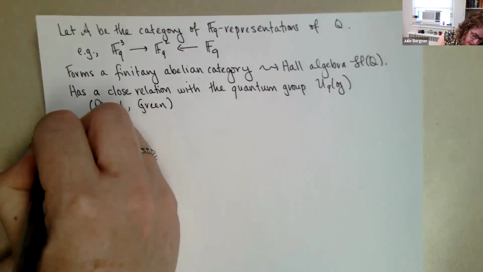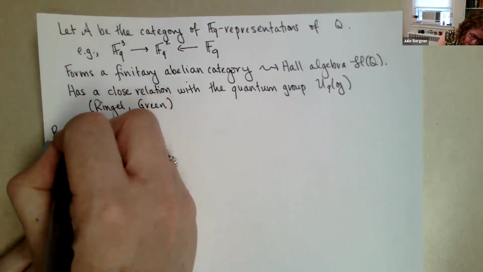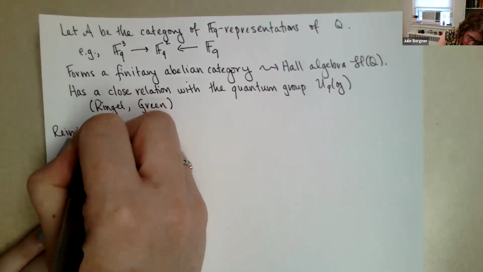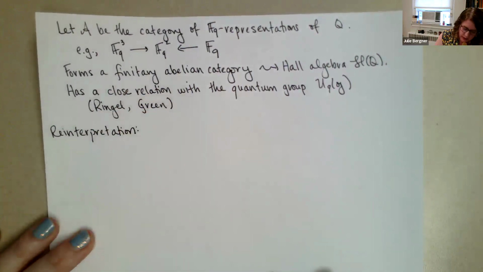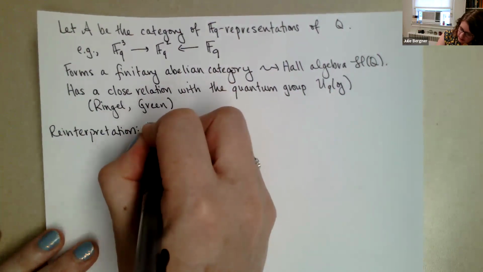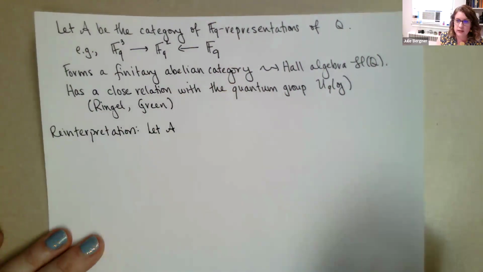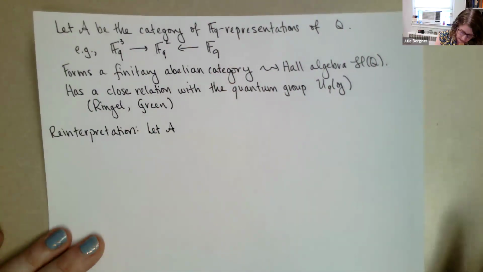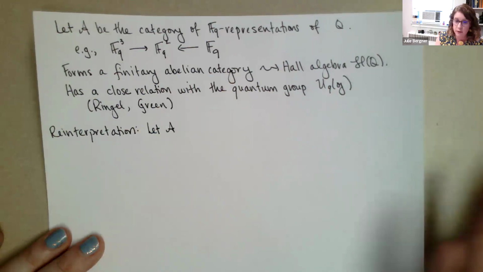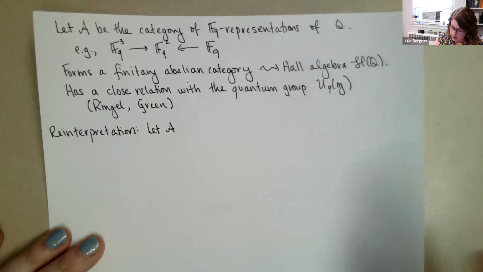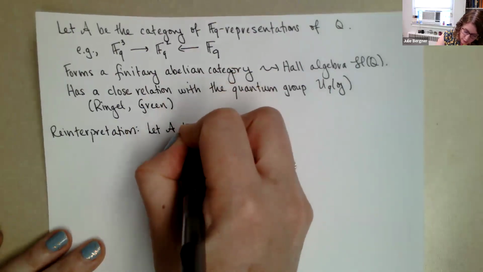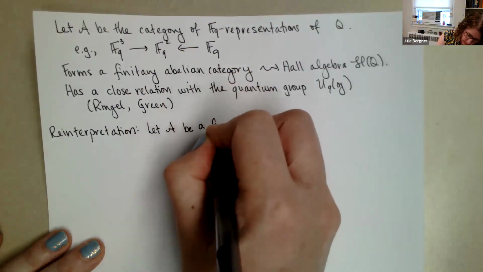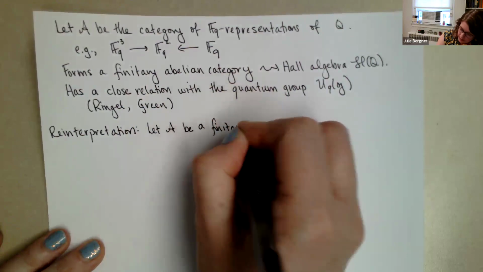So what I want to do is give a reinterpretation of some of these definitions that I just gave, because if A is a finitary abelian category, that's a special case of, say, an exact category. And so a lot of the things that we've talked about prior to this would apply to it. For example, we can apply S-dot to it.